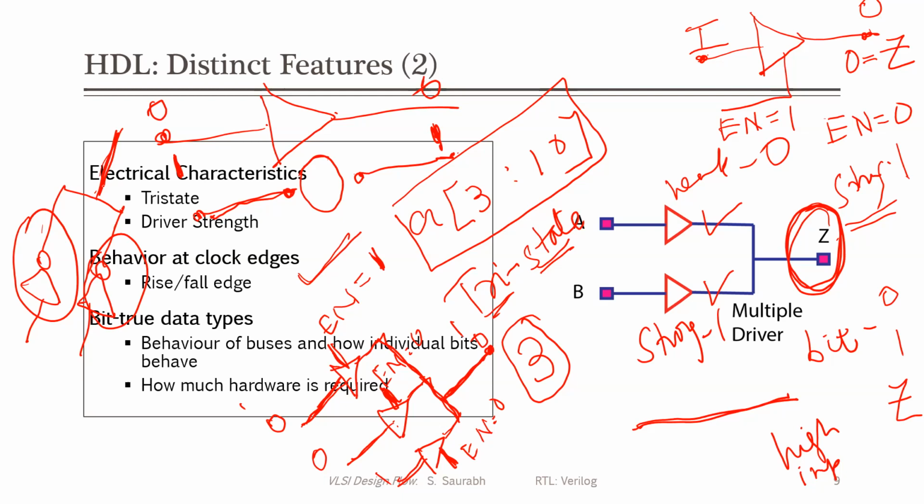Sir, in real time, it is like VDD shorted. VDD and ground are connected, like that scenario. So when can that happen, and why will these two be connected together at the circuit level?